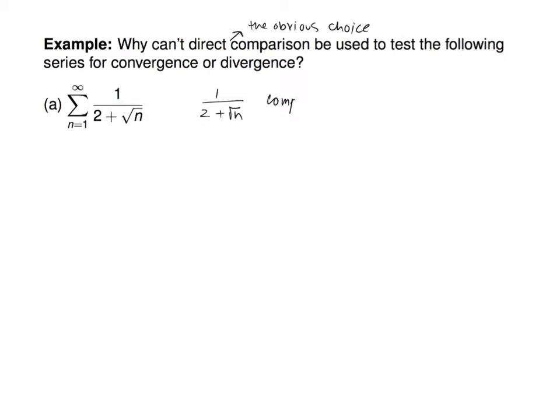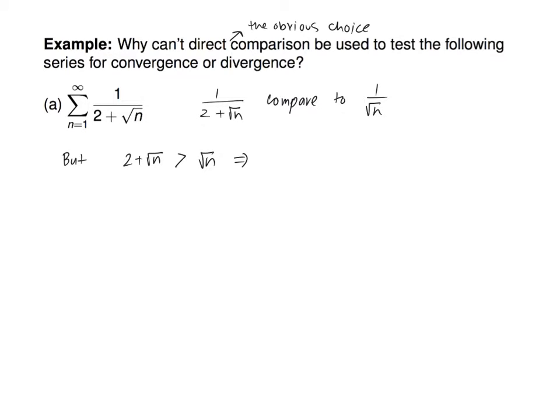Yeah, compare to 1 over root n, right? Because you know that if you sum up 1 over root n, that's going to diverge. It's a p series with p equal to 1/2. Okay, but 2 plus root n is bigger than root n, right? Yeah.